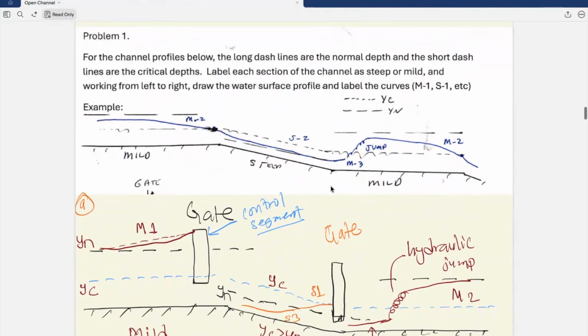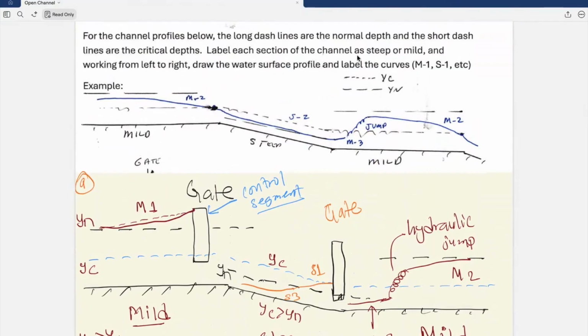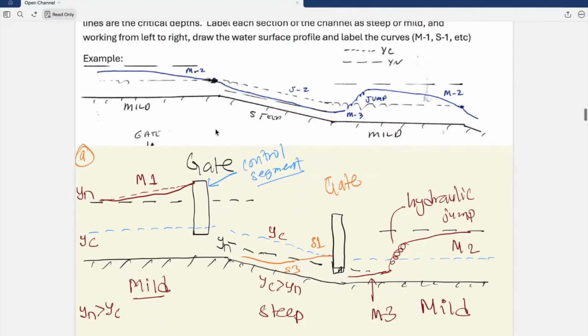Now let's go to question number 1, which asks us to label each section of the channel as steep or mild. It says water flows from left to right, and we need to draw the water surface profile and label the curve, that is M1, S1, etc. So an example is given, and for the first problem, upstream of gate 1, we will look at this part first.